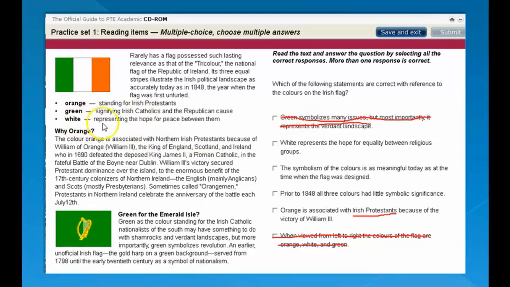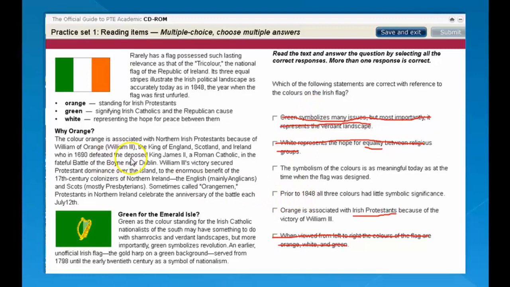And we have white representing the hope for peace between the Catholics and the Irish Protestants. That is not the same as equality, so this is wrong. So far within the first paragraph, we've eliminated 3 out of the 6 options.